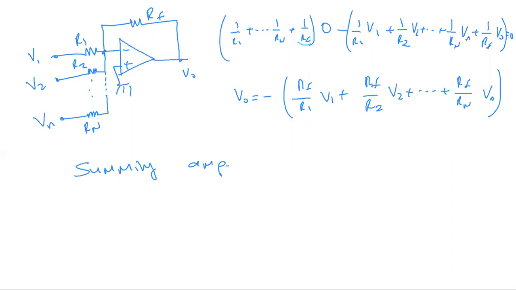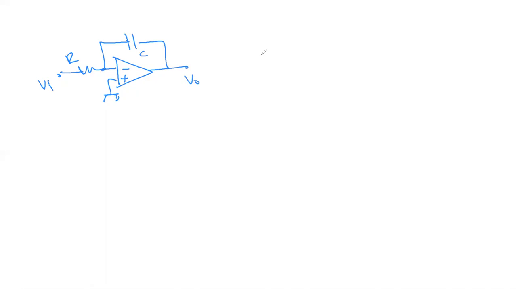And let's look at this circuit, with VI, R and C, and output V0. Again, I'm going to be writing the node equation for this node, and this node is connected at 0. I'm not going to write that this time.